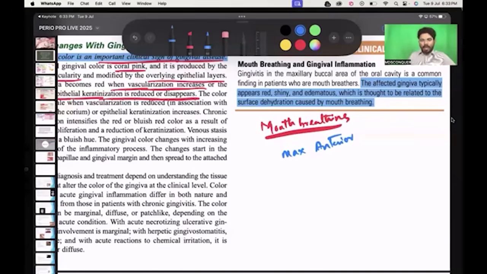From the textbook description, the affected gingiva typically appears red, shiny, edematous, and it is mainly related to surface dehydration caused by mouth breathing. This is how the gingiva looks in the case of mouth breathers.